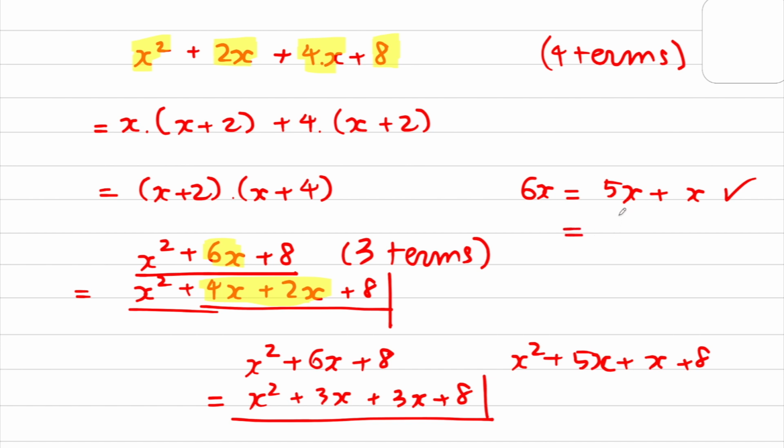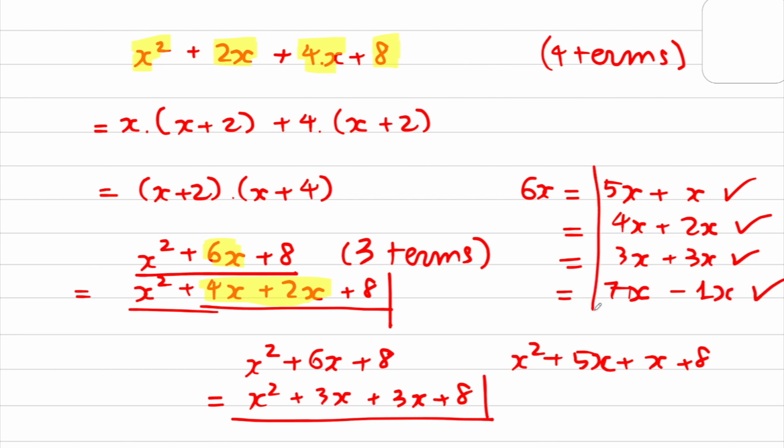The next expression is 4x plus 2x, and the last one is 3x plus 3x. Another example is 7x minus x plus 8. Every option on the right-hand side is equal to 6x, but only one of them makes factorizing possible. So how can you know 6 becomes 4 plus 2? Here is the way you can apply.